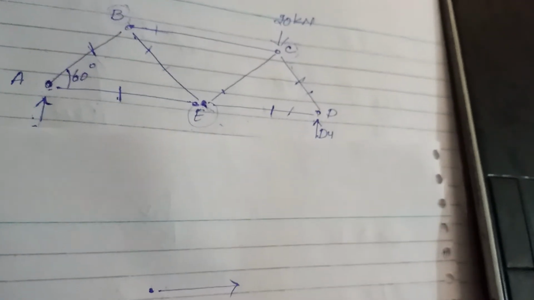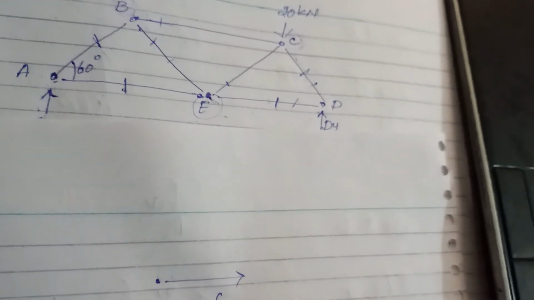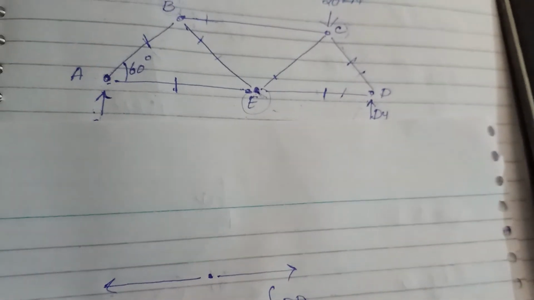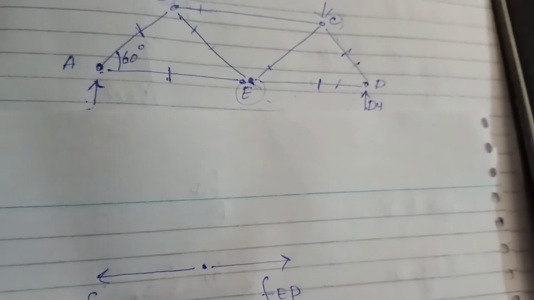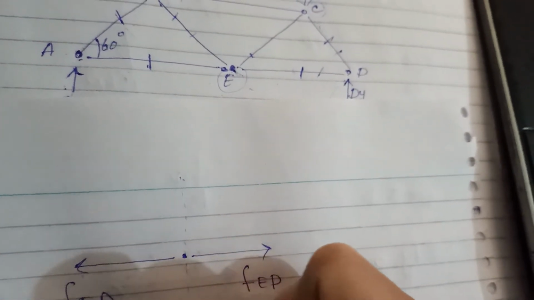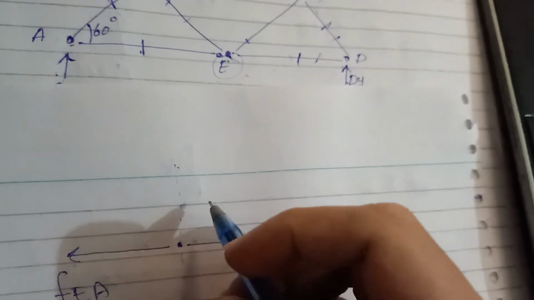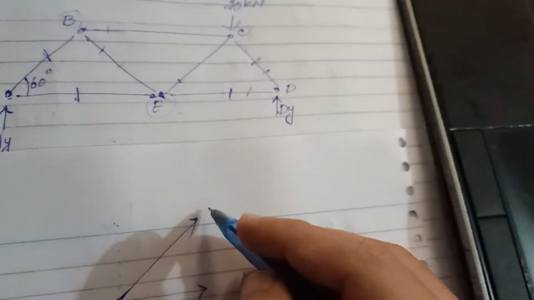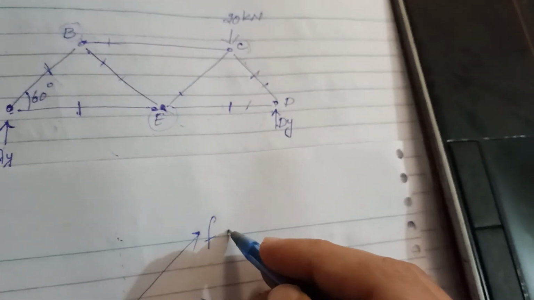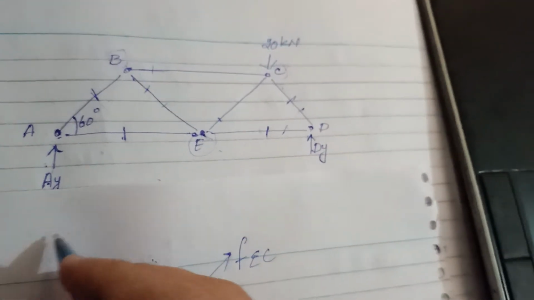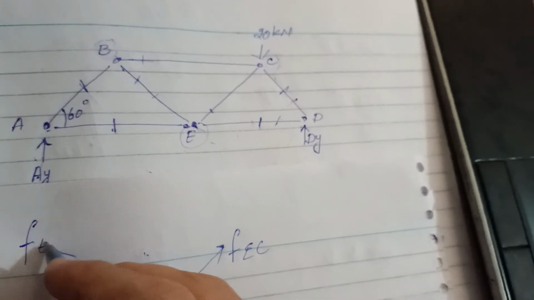That is FED, FEA. I draw an arbitrary quadrant. Now see that this is FEC, and this is your FEB.